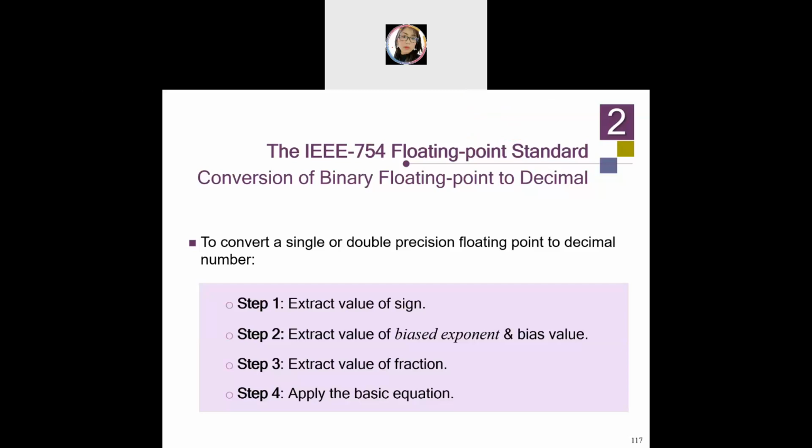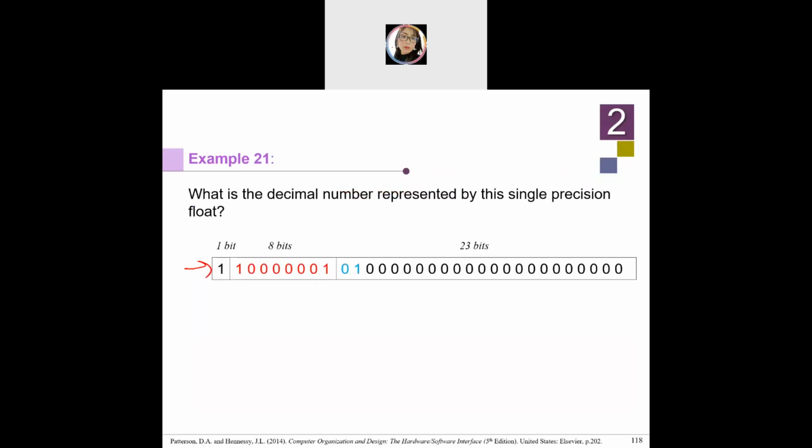Okay. Now we are moving from binary floating point. We need to convert to decimal. Whether it is single or double precision, the steps are similar. So let's take a look one by one. First of all, when we are given the value, what do we need to do?